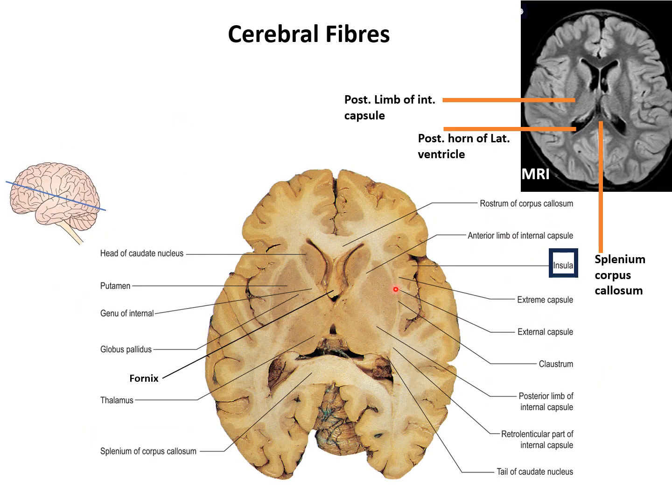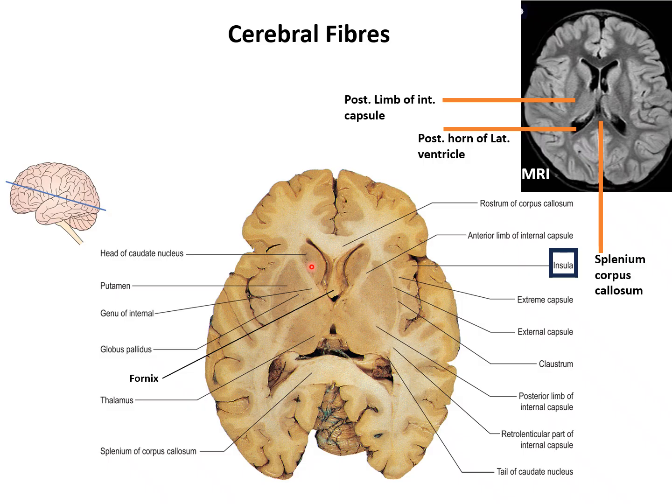Again, in this horizontal section of the brain, here is the frontal lobe, here is the occipital lobe. You can find the corpus callosum with its genu, or rostrum, and here is the splenium. Here is the L-shaped internal capsule.